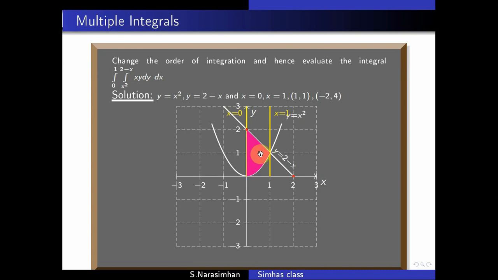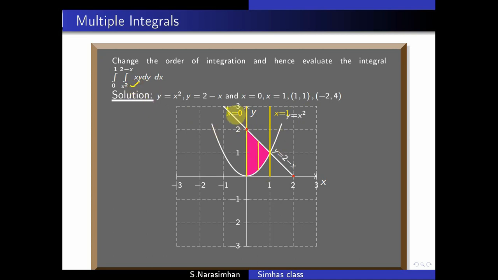So first we have to verify whether the area that we plotted is correct or not. For that, take a step parallel to the y axis. The lower limit of y is x square, because in a step the lower limit of y is x square, so it is correct.